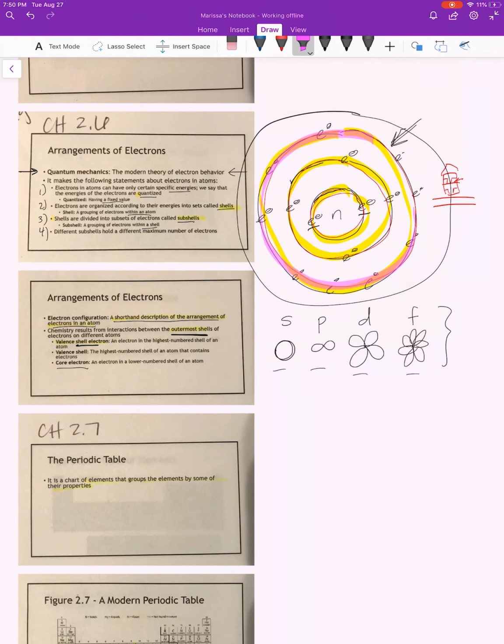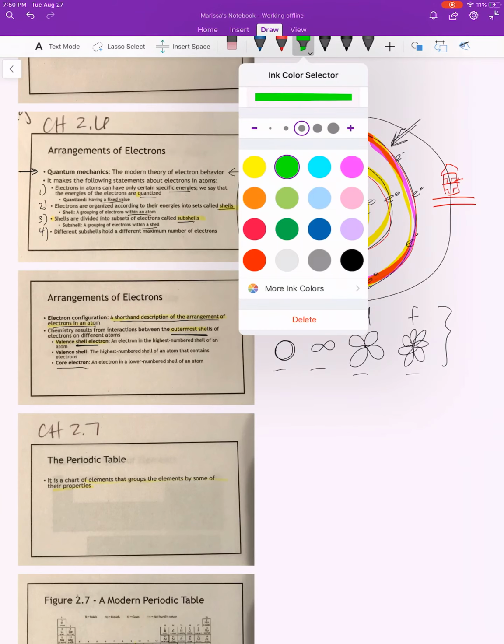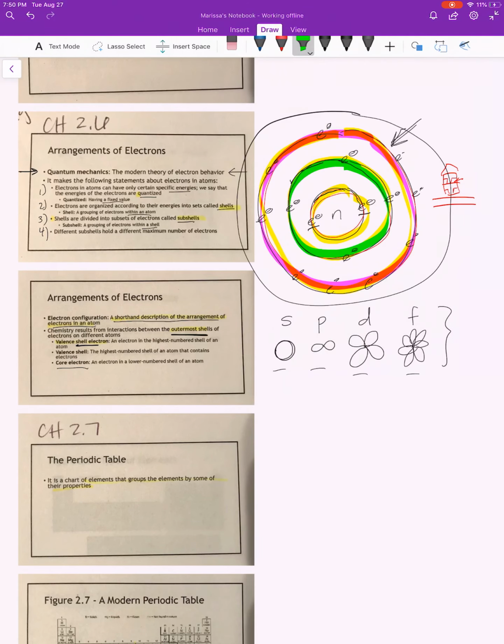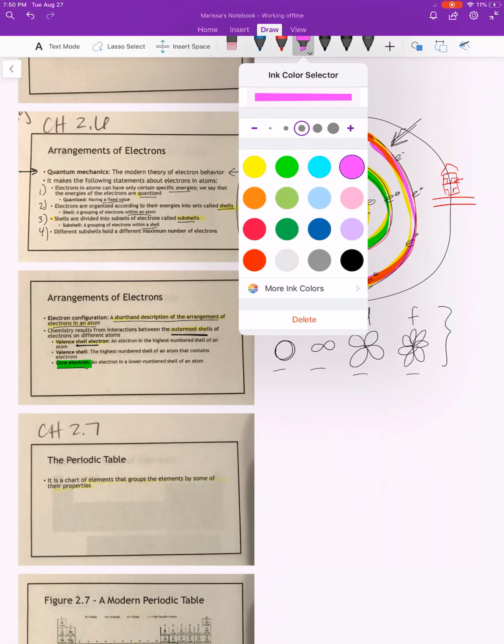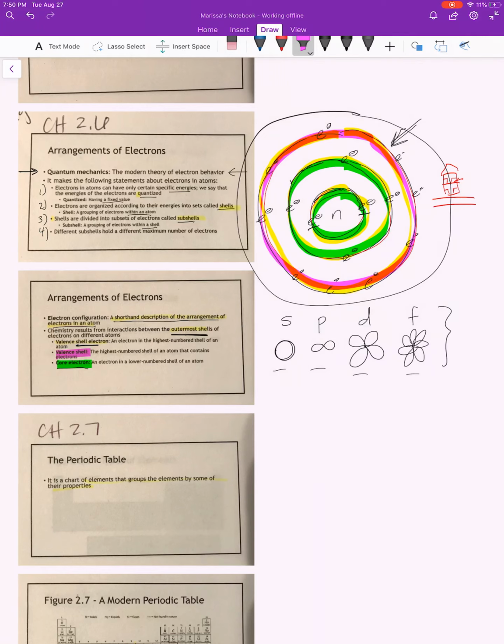So this is the valence shell. And everything that's not in the valence shell is considered to be a core electron. So they exist at the core, and they are not usually participating in chemical reactions because they're held very tightly by the nuclear forces right here, so they're not usually exchanged or shared in chemical reactions.